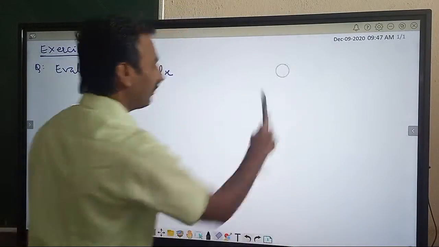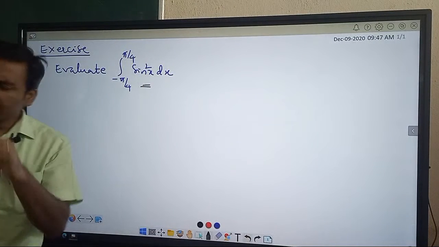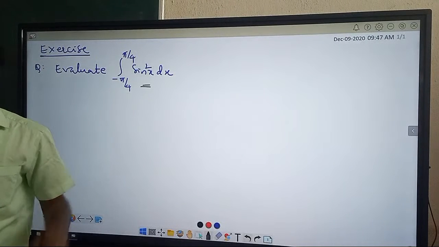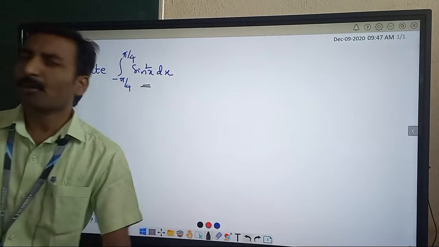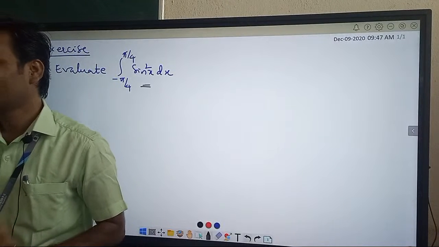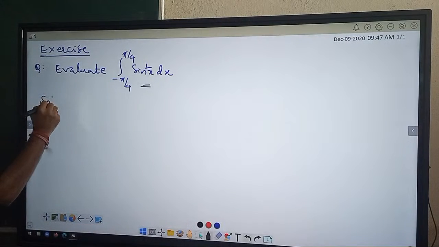See, this is my very important point. Because whenever you are talking about the property integral from minus a to a of f of x dx, I directly jump to property number 8. Property 8 speaks only when even and odd. Correct? So now look at this solution.